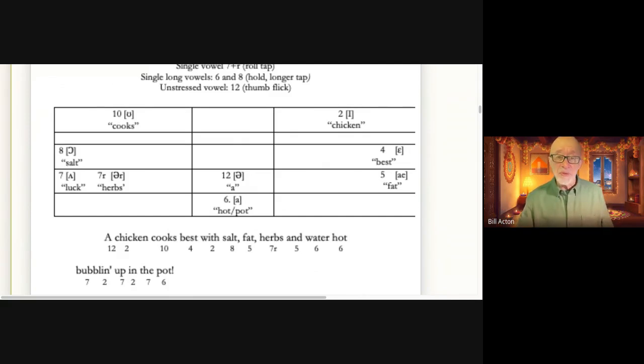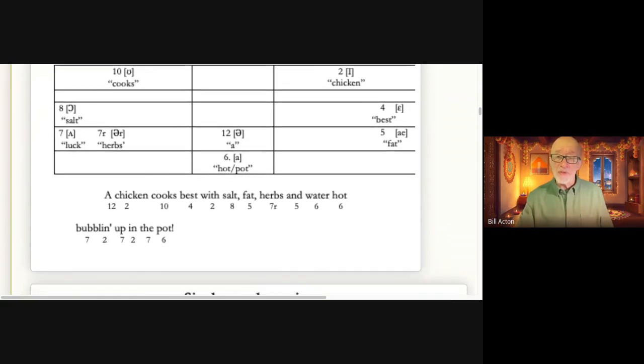So just practice this one like we did at the very beginning. Let's go through that sentence one more time very quickly. I'll use my right hand here. So we're going to do chickens up here. So a chicken cooks best with salt, fat, herbs, and water hot.